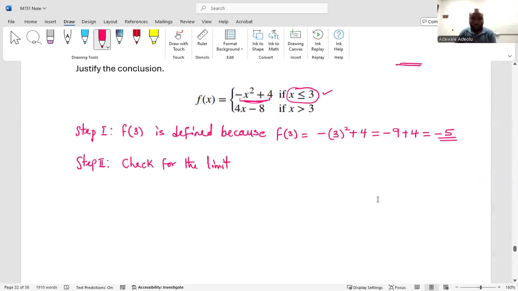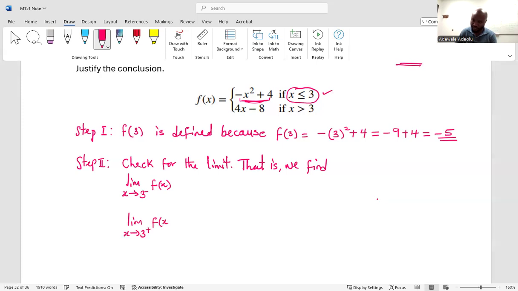To do this, we find limits from the left, that is, as x goes to 3 from the left of f of x. We need to find the limits as x goes to 3 from the right of f of x. I hope that makes sense.